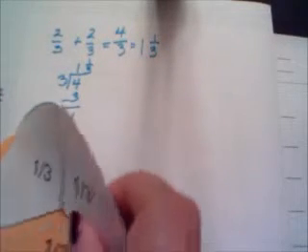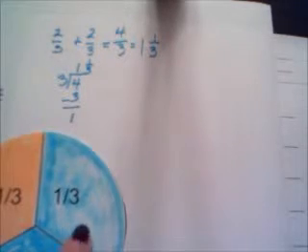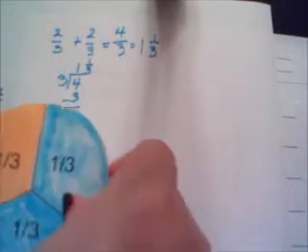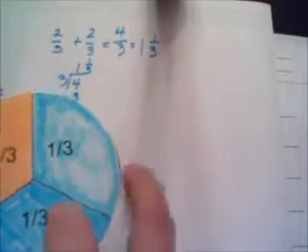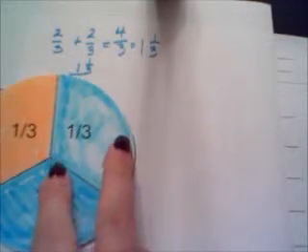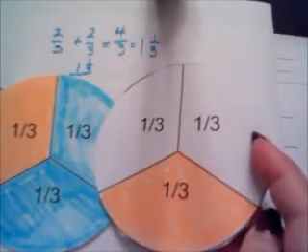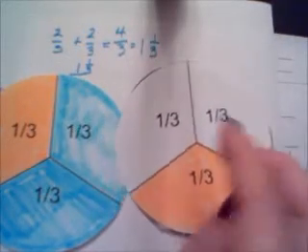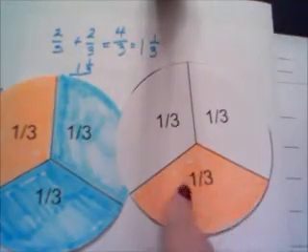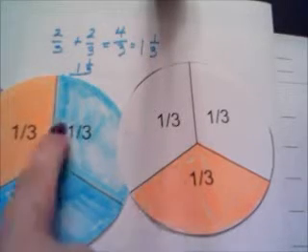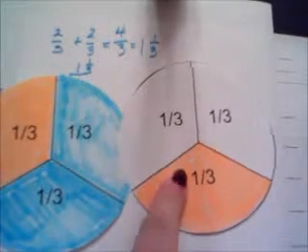Again, I have a visual for you. Okay. What do I have? Here I have 2/3 in blue, right? Here I have 2/3 in orange, right? I have a third here and I have a third here, okay?